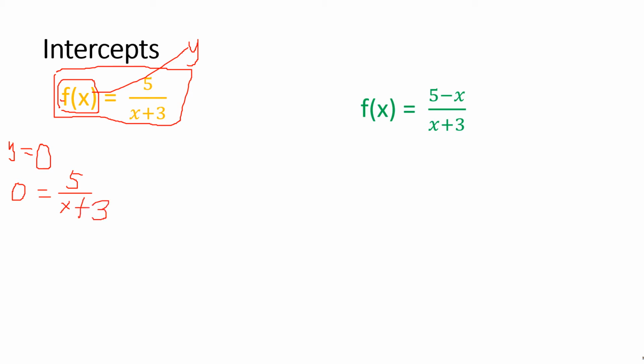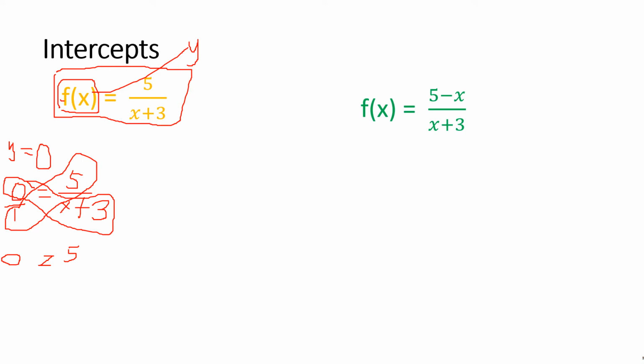Then, to solve this, let us cross multiply. So 0 will be 0 over 1. 0 times x plus 3, that is 0, is equal to 1 times 5, that is 5. Okay, it says that 0 is equal to 5.